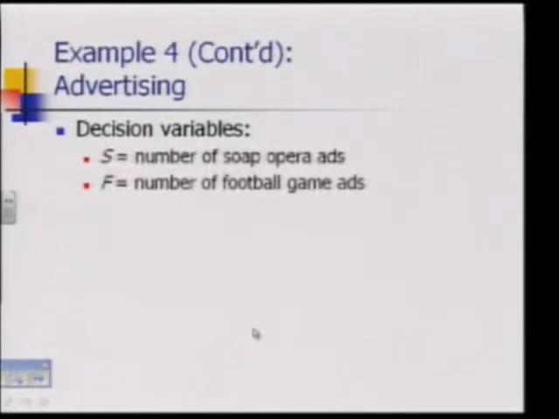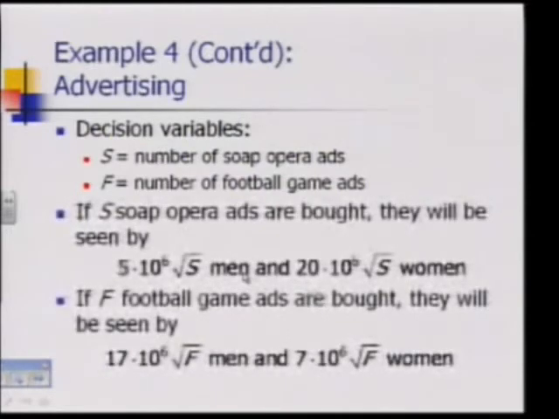Let's say the decision variables are the number of advertisements in soap opera and the number of advertisements for football game, okay? And let's say if soap opera ads are bought, they will be seen by this many men and this many women.